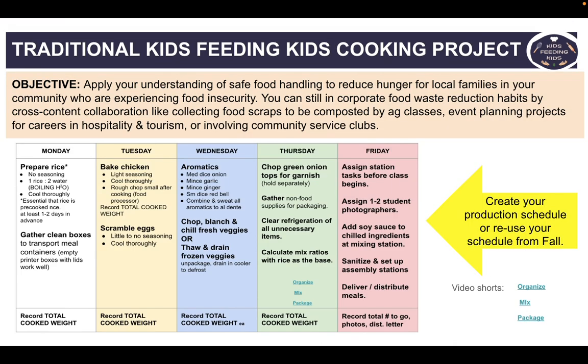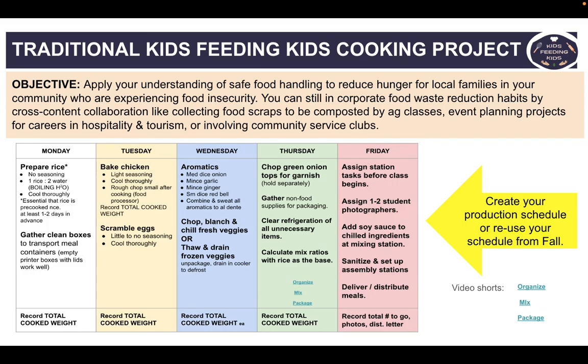And then your fourth option is to continue doing or repeating a traditional Kids Feeding Kids cooking project. And I know that you already know how to pull that off, but I would still say that even at this level, again, you can still incorporate food waste reduction habits by cross-content collaboration, like collecting your food scraps to be composted by the ag class, maybe event planning in terms of how the distribution is going to happen.